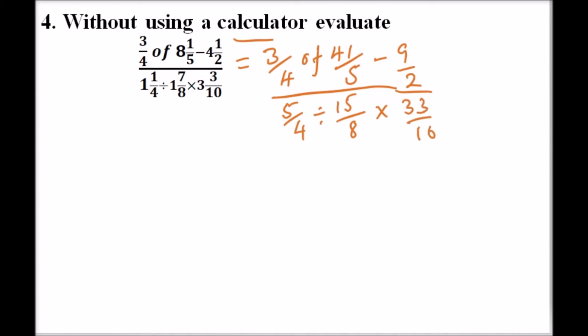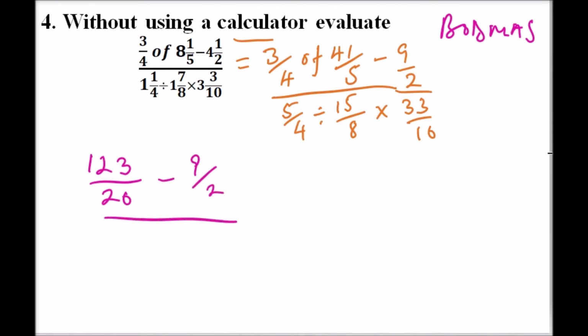We are going to apply BODMAS. BODMAS is bracket, of, division, multiplication, addition and subtraction. So we start with of. We multiply 41 times 3, that will give us 123, divided by 4 times 5 is 20. Then we have minus 9 divided by 2. All this is divided by 5 divided by 4.